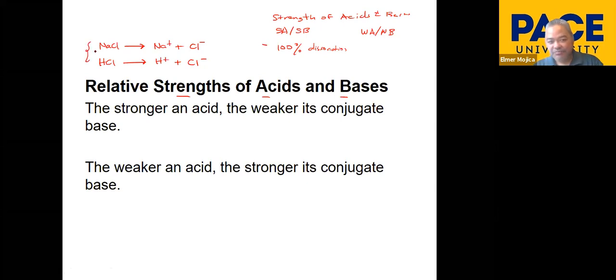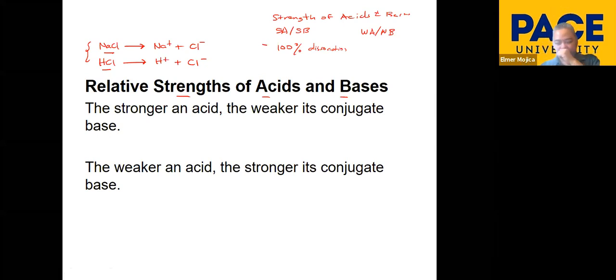Are they the same? What can you say about the difference between the two, NaCl and HCl? One is an ionic compound and the other one is a covalent compound.